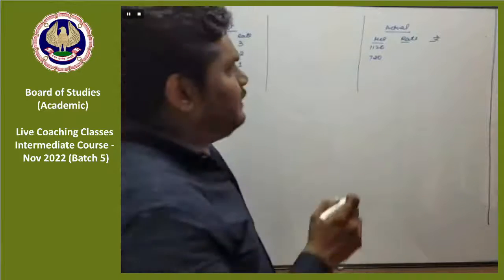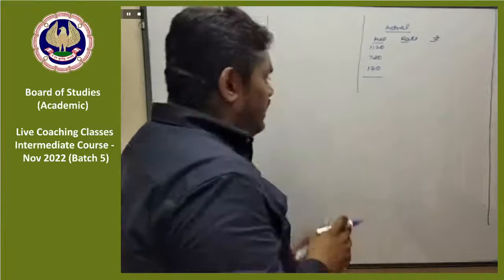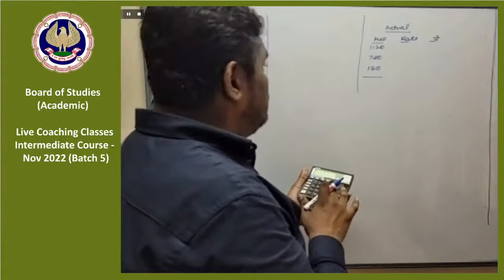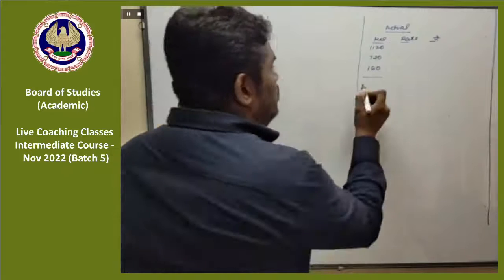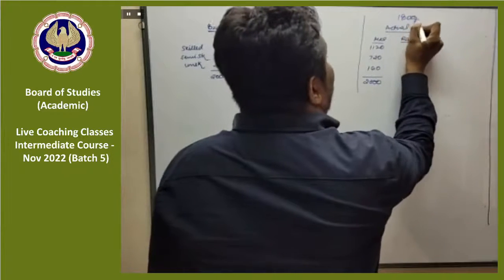And 4 into 40, that is 160 hours. Again, the total will be 2000 hours, but the output is of 1800 hours only.